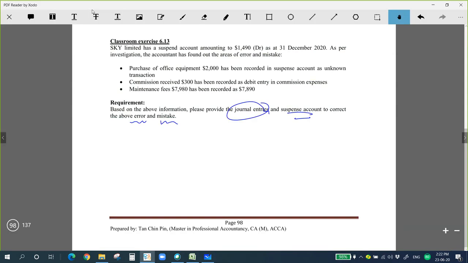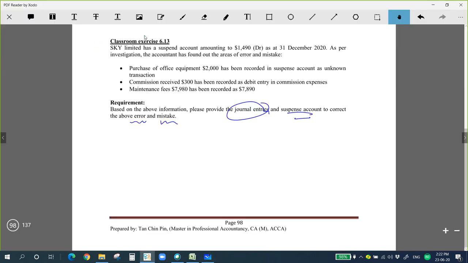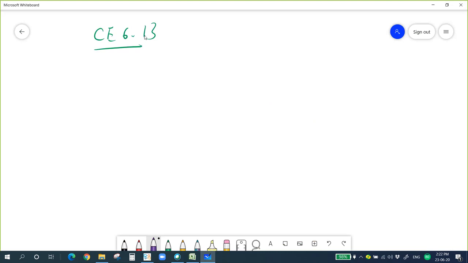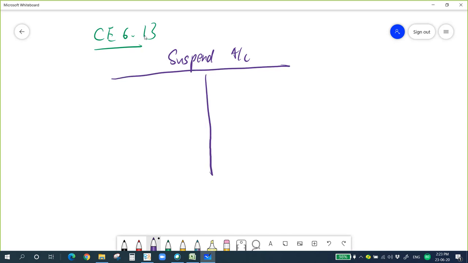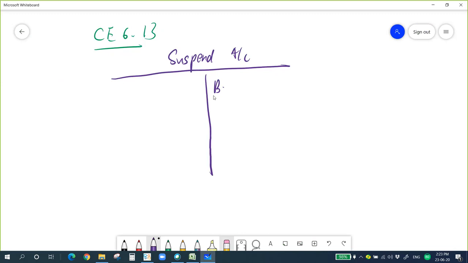So this is classroom exercise 6.13. It says that the suspend account they have in the trial balance is a debit balance, right?